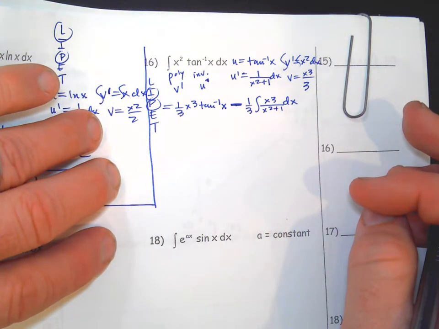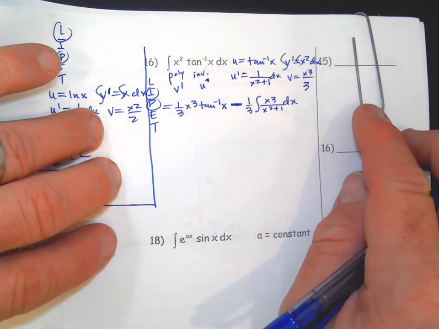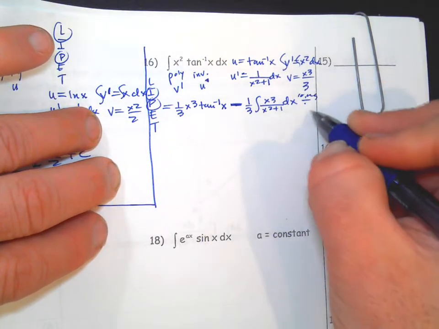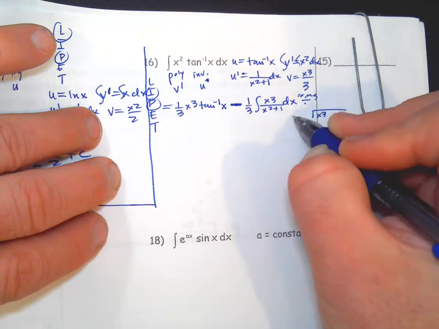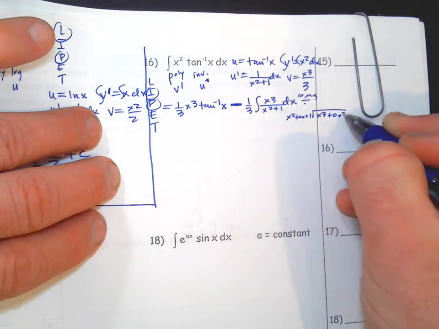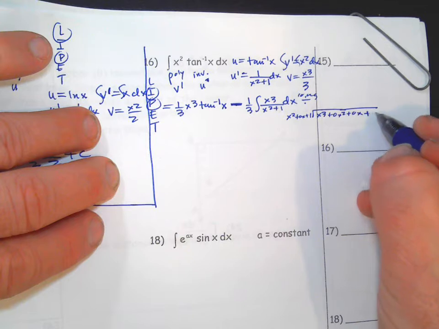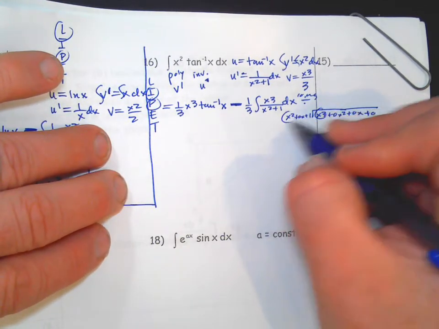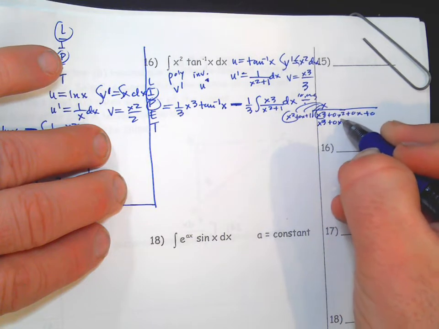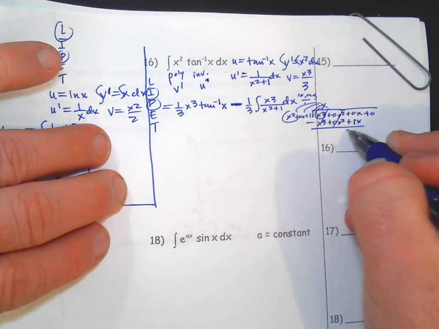Now, let's see, how do we integrate that? U-substitution is not going to work. I guess we have to do long division, right? x cubed divided by x squared plus 0x plus 1. This one's tough. All right. So x, distribute that: x cubed plus 0x squared plus 1x. Negative 1x plus 0.